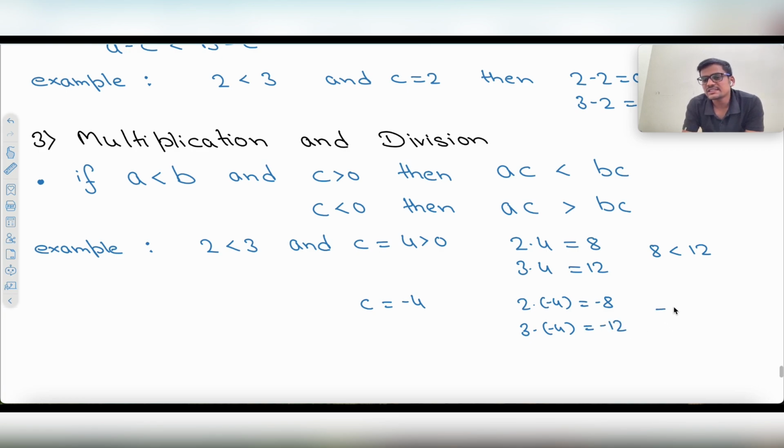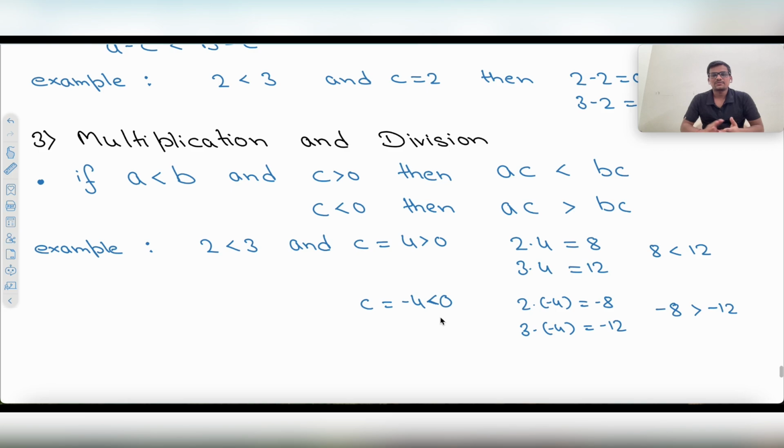Now here if you see, minus 8 is greater than minus 12. So after multiplying with a negative number, the inequality changed. From less than it became greater than. This is because C is negative, because C is less than 0. So I hope you understand this multiplication property by this example.